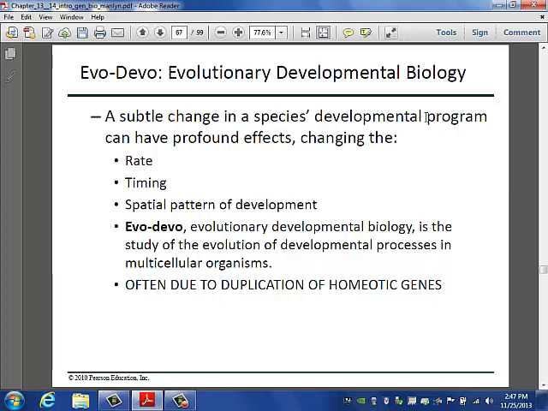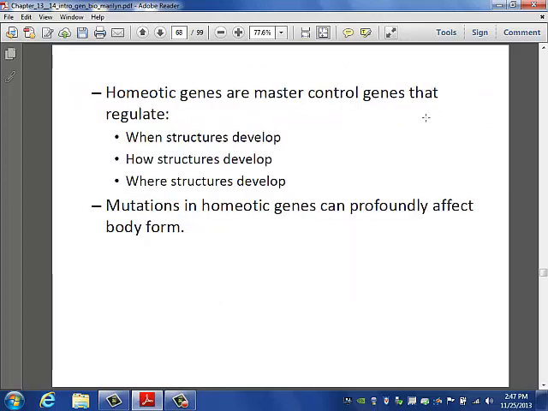Homeotic genes, homeo, same. Duplication of similar genes, extra copies of similar genes, can result in different structures. Again, what does the organism have to be? Viable. So homeotic genes are master control genes that regulate structure development, how the structure develops, where the structure develops.